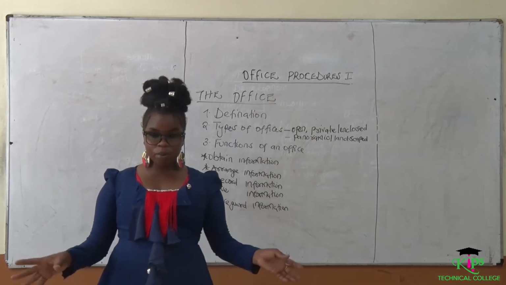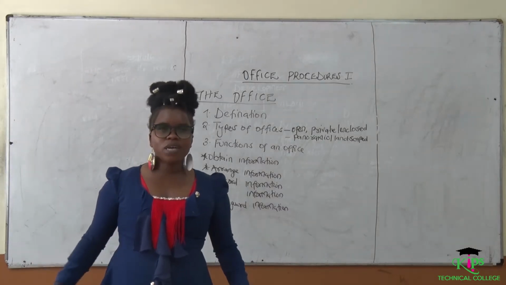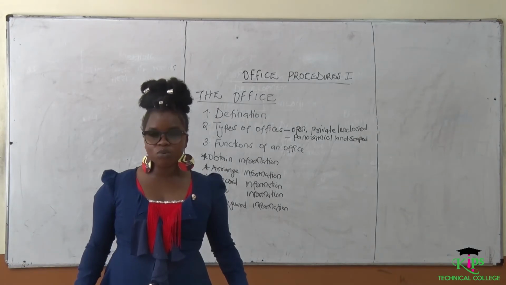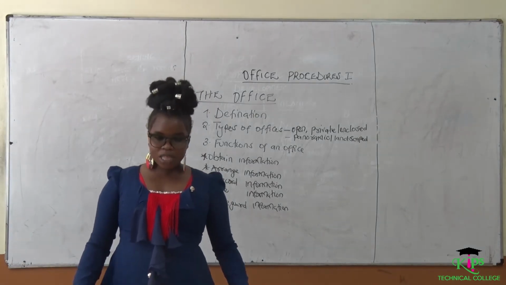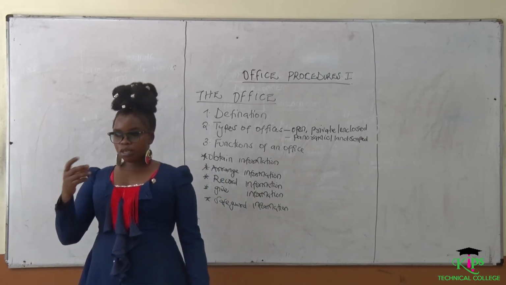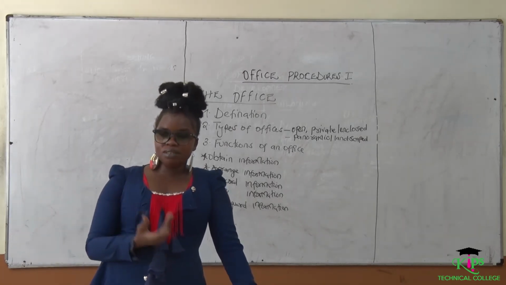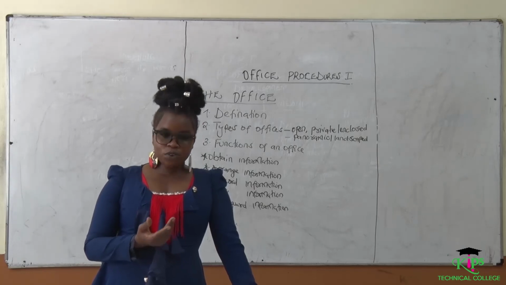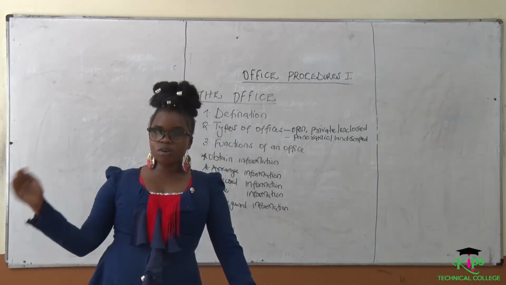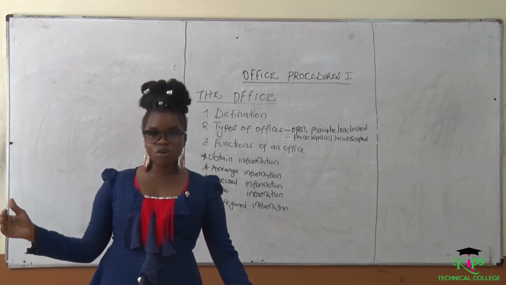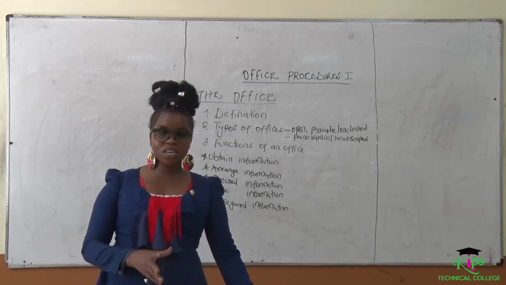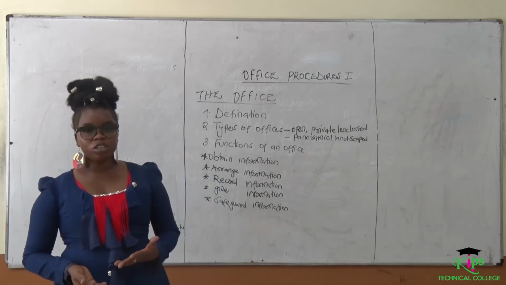If, for example, it's about the production department, take an organization which produces things like bread. There is the person in the store, and the person in the store does the issuing of the items needed by the production department.